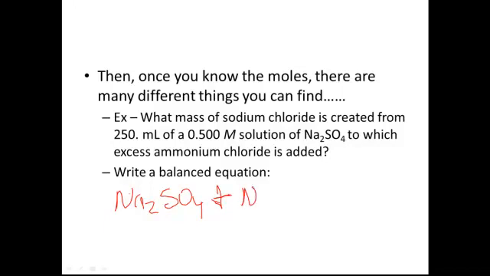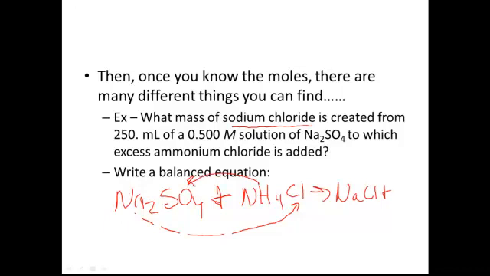Ammonium chloride is NH4Cl. And then one of the products it tells us is sodium chloride. So we can see that the Na is going to go with the Cl. And so what's our other product going to be? Hopefully you recognize this as a double replacement reaction where the NH4 is going to go with the SO4.